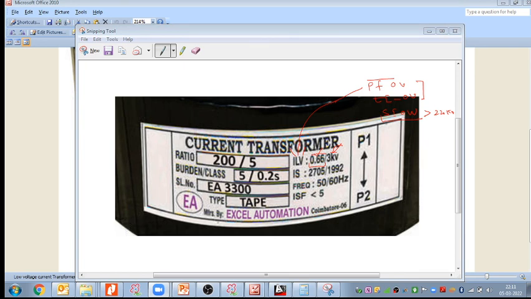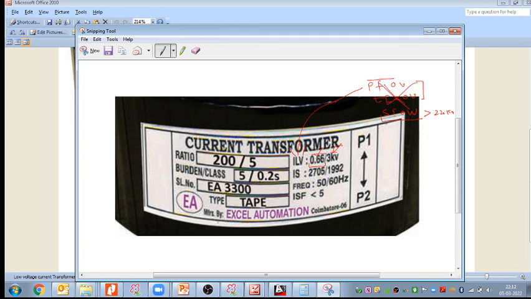Okay, then what is 0.66? It might be the over voltage, power frequency over voltage. Power frequency over voltage means 415 right now. This is my 415 volt CT, so it means 660 volts it can withstand continuously. So the 660 is not the power frequency in that case.